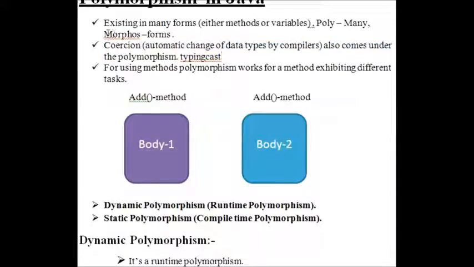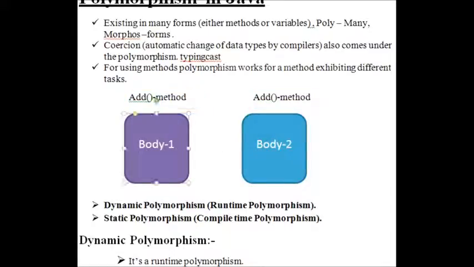And in methods, polymorphism takes place when two methods have the same name. Let us consider the example of an add method. Here I have one add method. How are these two add methods distinguished?